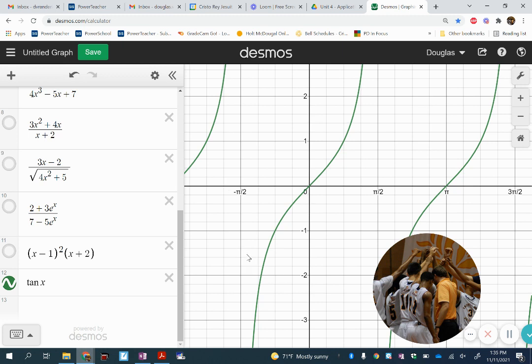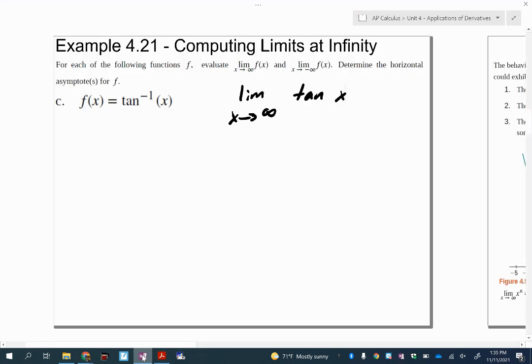Let me try to show you what I mean when I write it algebraically. So instead of infinity, let me write pi over 2, and we said the limit as x approaches pi over 2 of the tangent of x is approaching infinity.